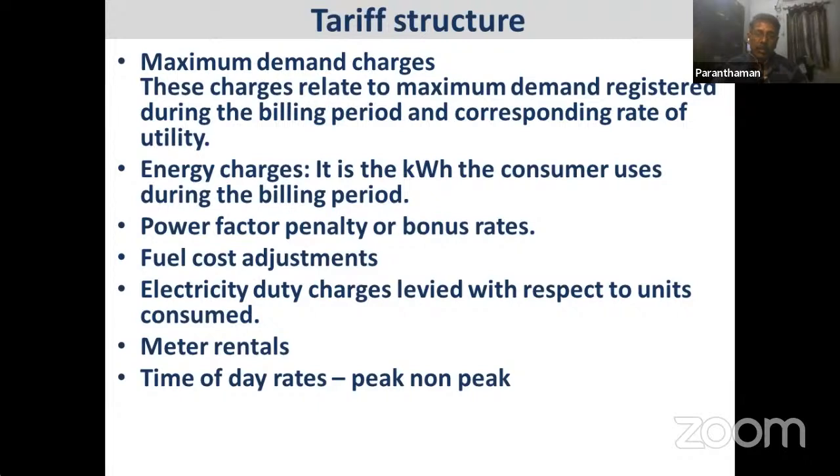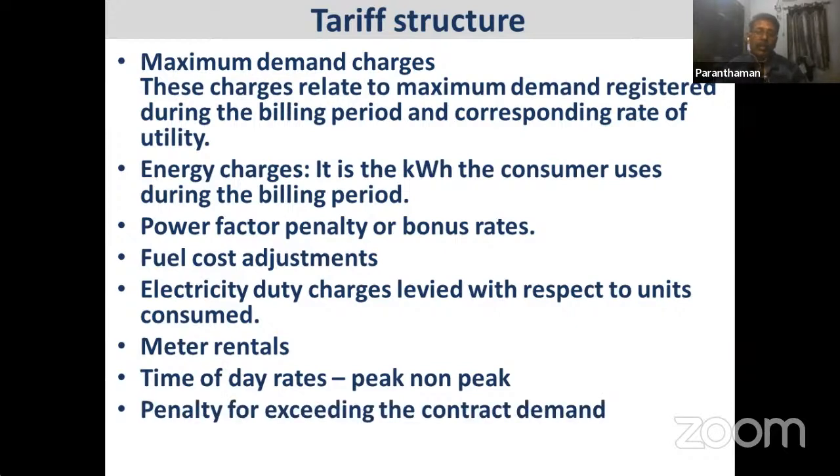Actually, our supply is surplus in daytime because of the solar power plants. In future, it will go beyond our requirement, and we will be encouraged to use the power supply during daytime at a lower cost. This will definitely happen in daytime.